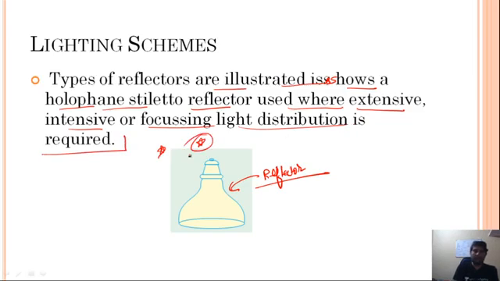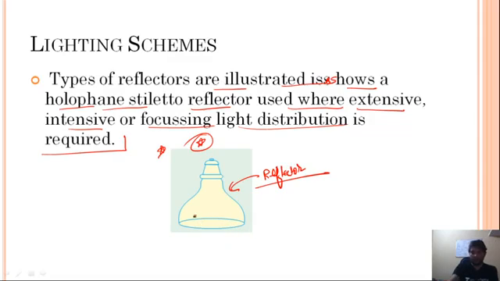Okay, this is the reflector. So what is the purpose of this reflector? For focusing the light distribution.